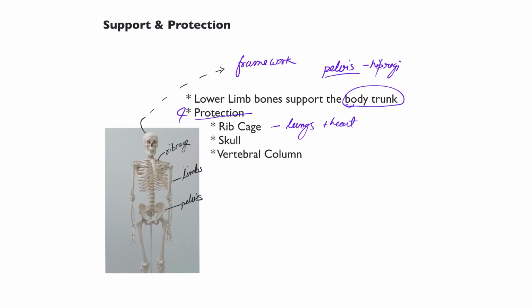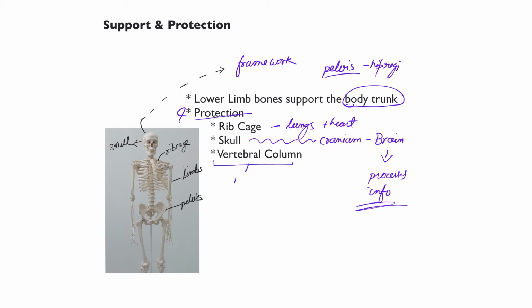And the skull, the most important, which has a brain box, also known as cranium, which holds a very important brain, a part of your central nervous system, which processes all the bits of information that you receive. Now, the vertebral column, another very important part of your skeleton system, protects the spinal cord, right?